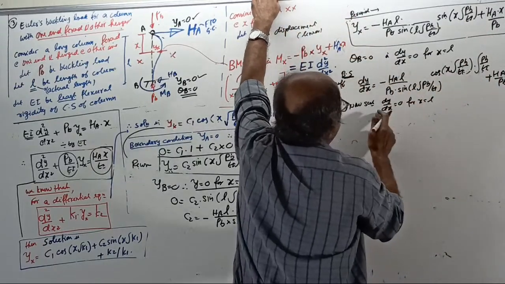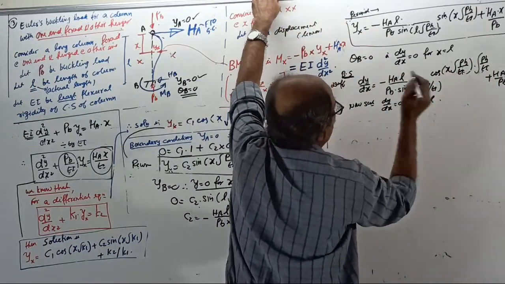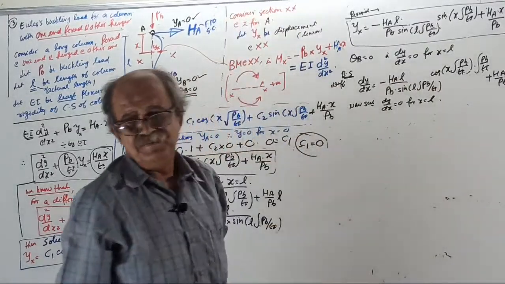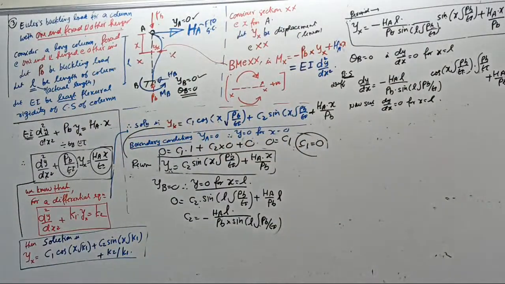Now substitute dy by dx equal to 0 for x equal to L. Now correct? Sometimes terms are missing here and there. Correct.